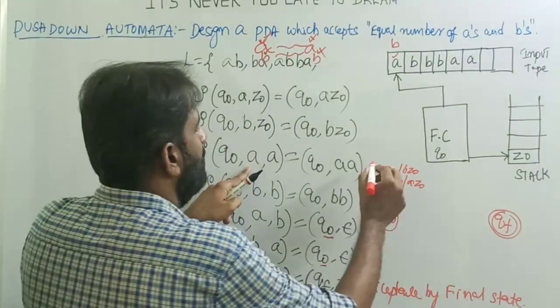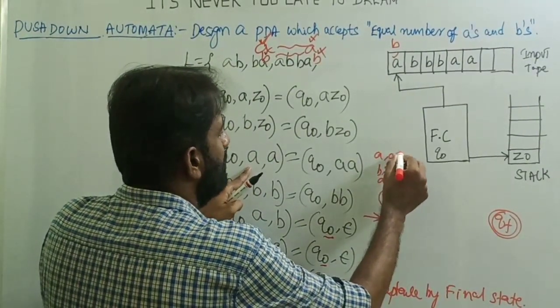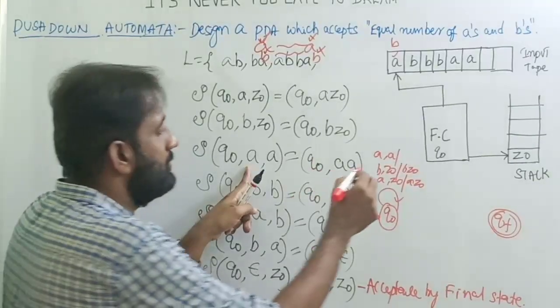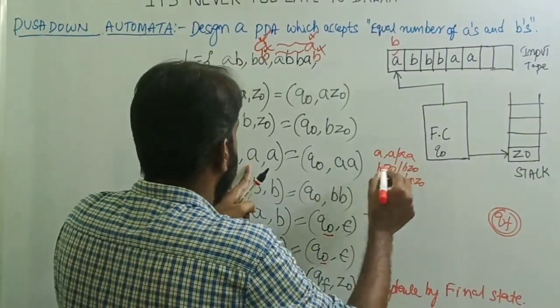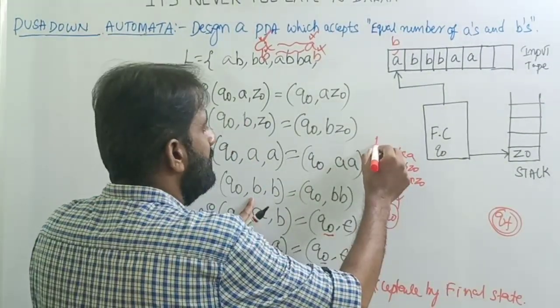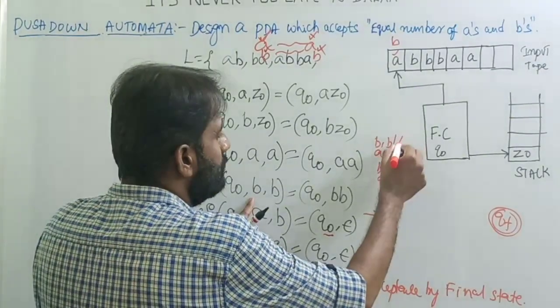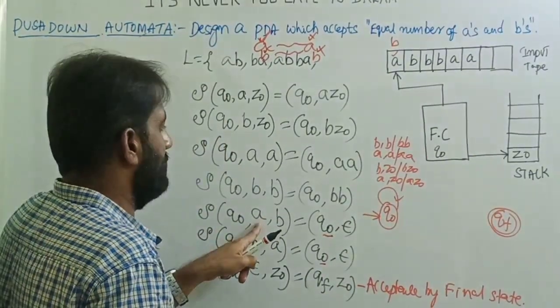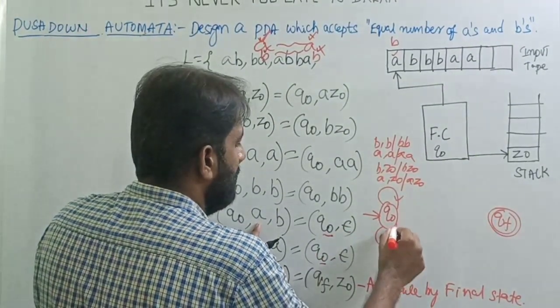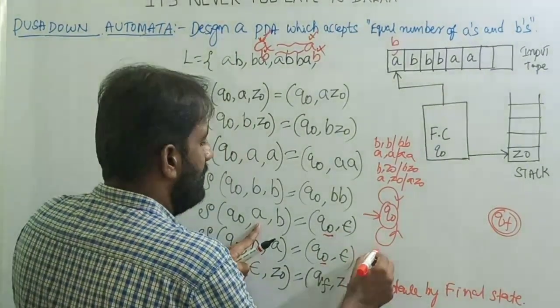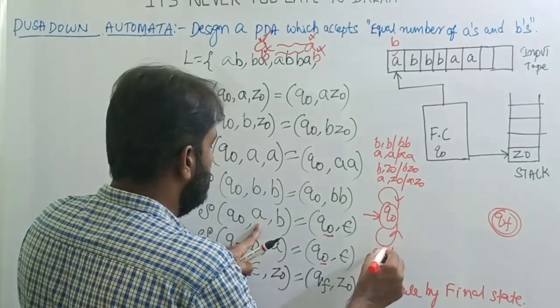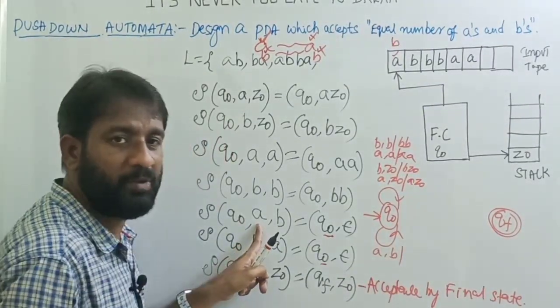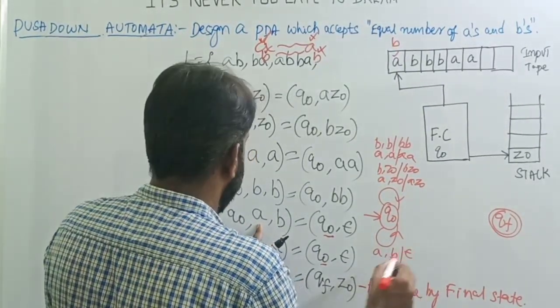Then A comma A, adding A onto the stack, so it is AA. Then B comma B, adding B onto the stack, so it is BB. Then input symbol is A, top of the stack is B, so we are doing the pop operation, slash epsilon.